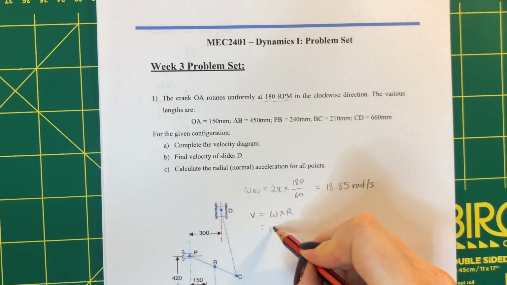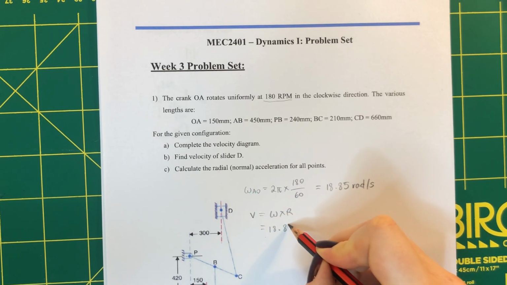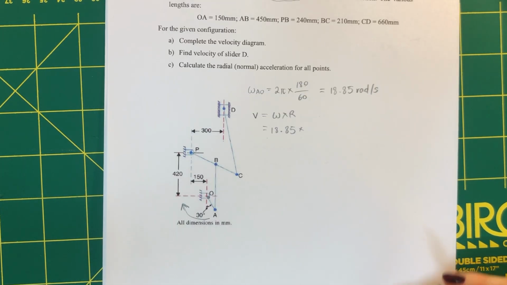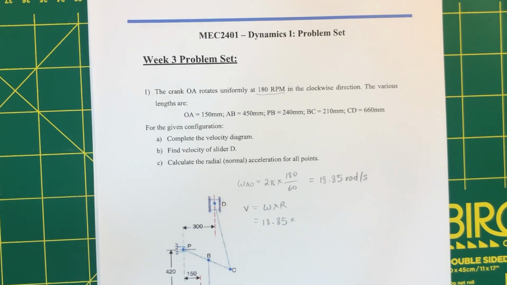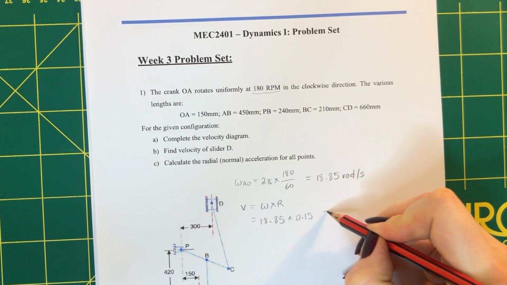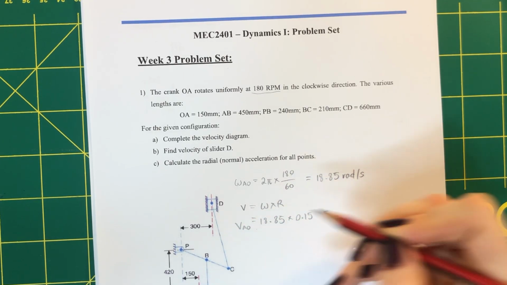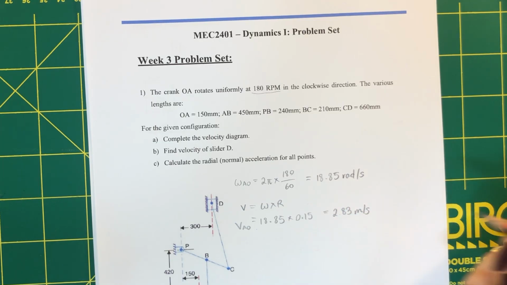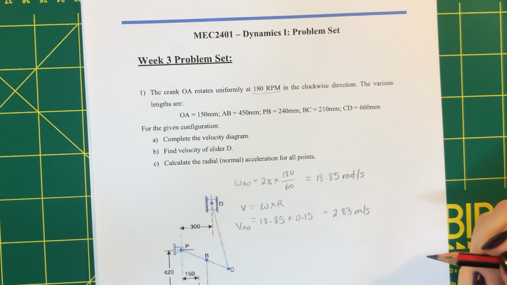So this will be 18.85 multiplied by the length of link OA in meters. Convert your millimeters to meters, so 0.15, and the velocity of point A will be 2.83 meters per second.